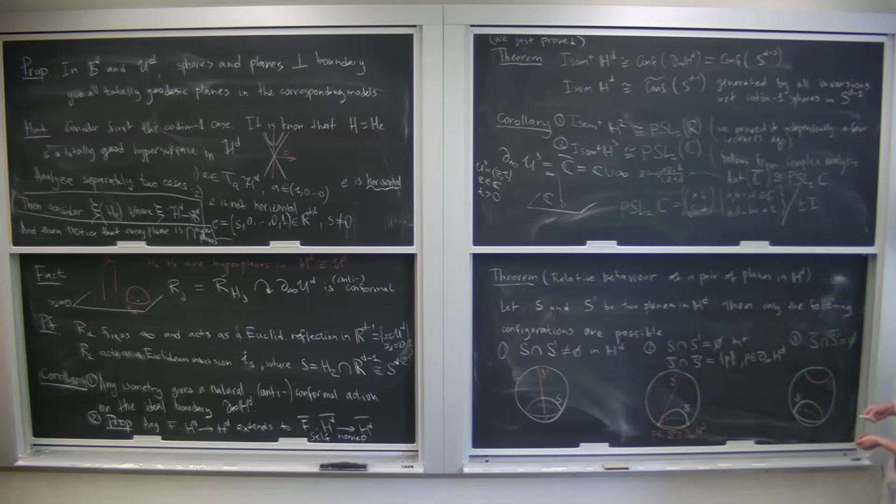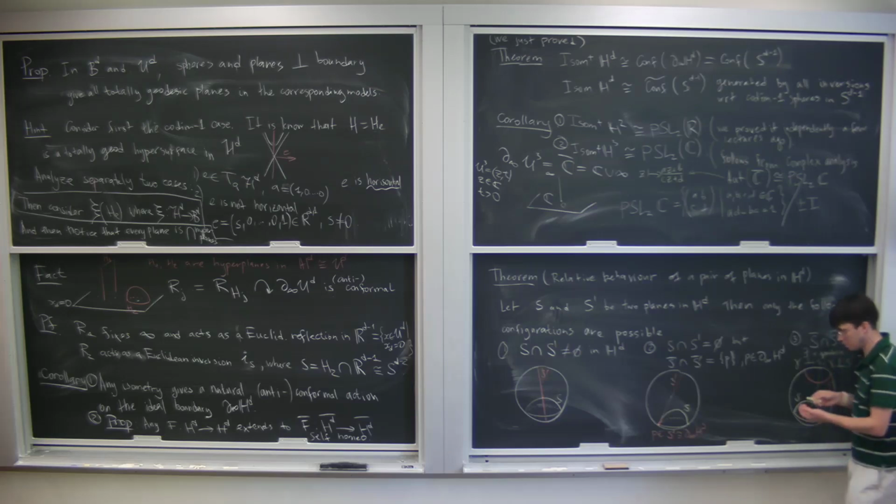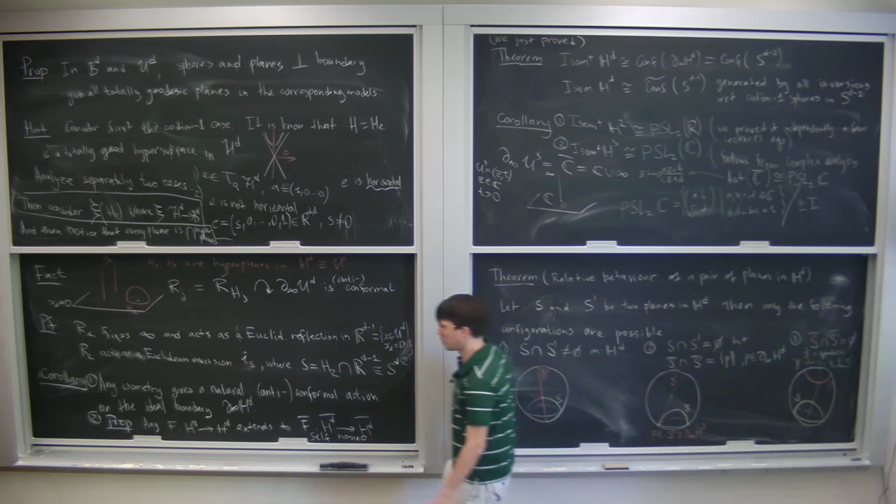And then we have a common perpendicular. So in this case, there exists a geodesic gamma, which is orthogonal to S, and which is orthogonal to S prime. Actually, I need another color.